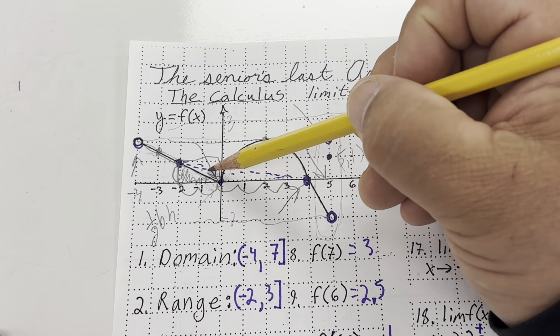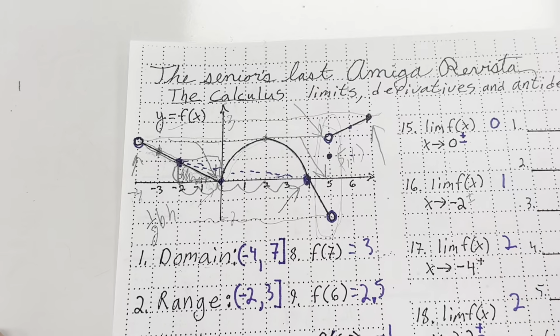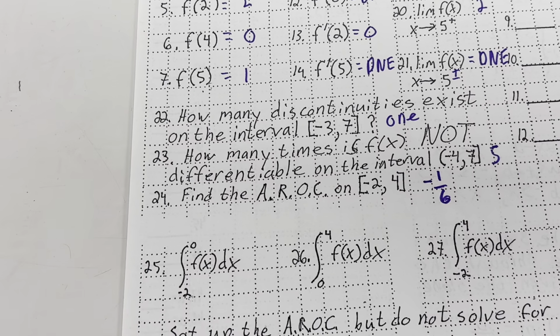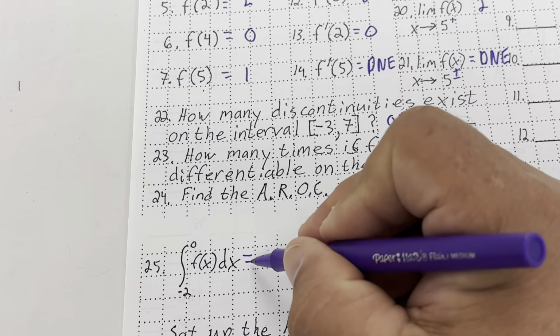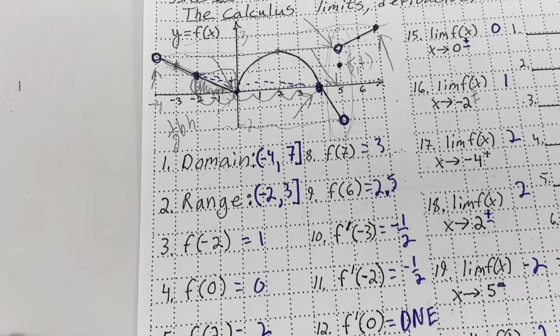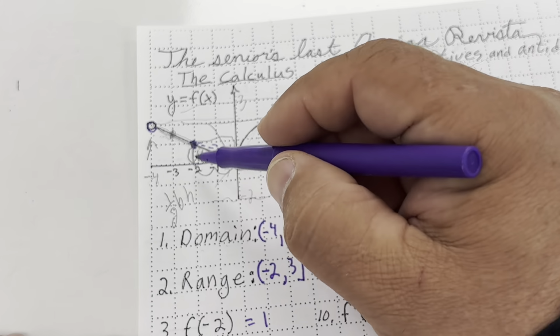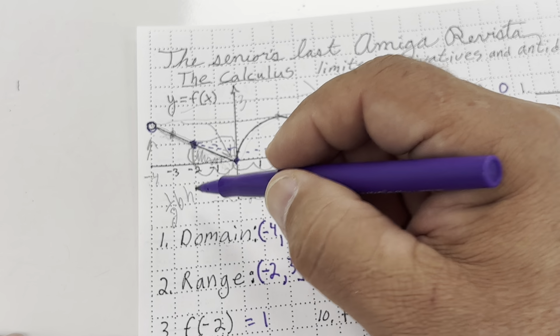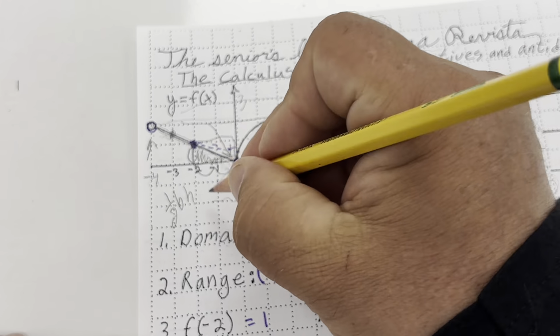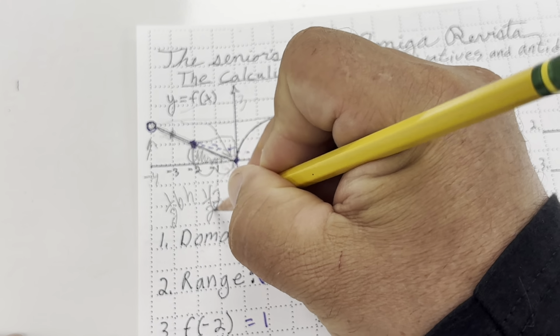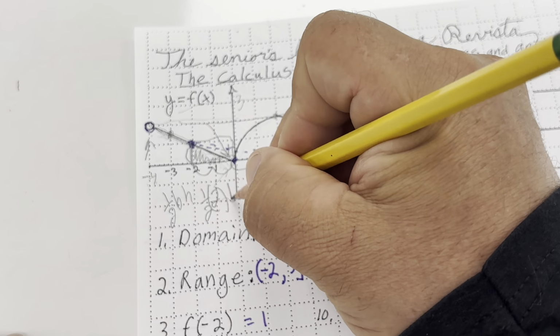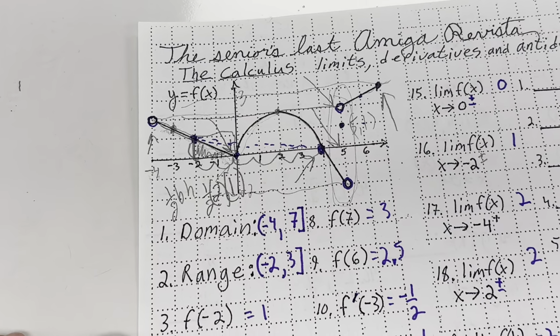So there's 2 boxes, half of 2 would be 1. So it's going to be 1 by that method. Or we could just use the area formula, 1/2 the base is 2. So 1/2 of 2 times the height of 1. So that's also going to give us 1.